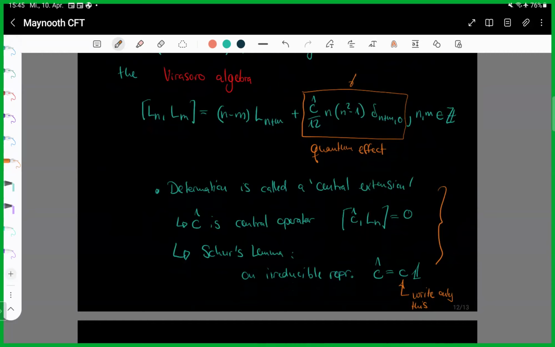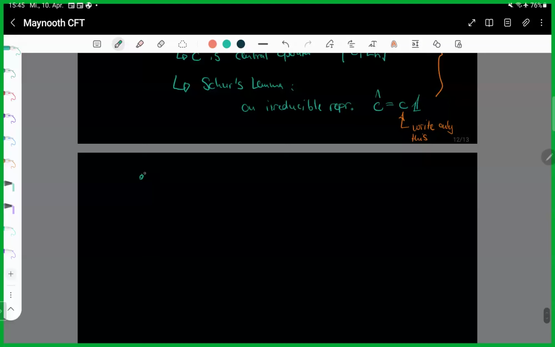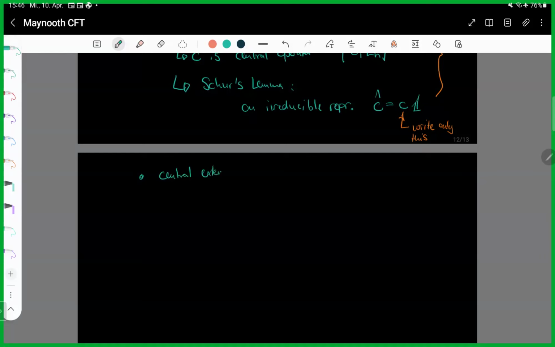And when n is plus or minus 1, the deformation vanishes as well. And that just means that in principle, that's the second remark. So the central term, central extension, vanishes on n equals 0 or plus minus 1.